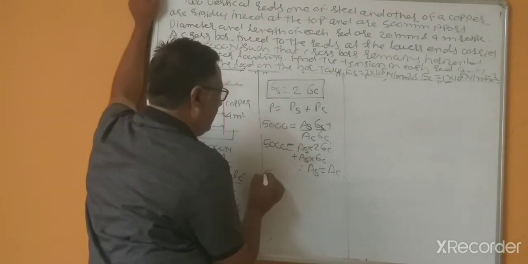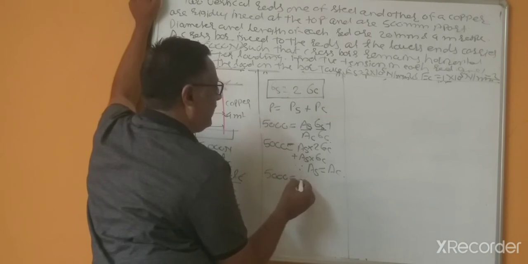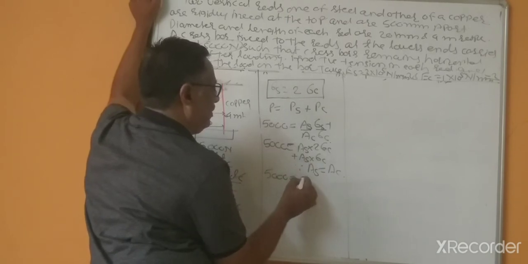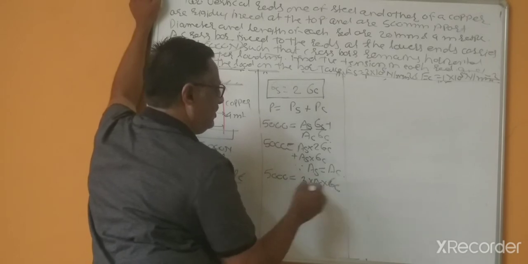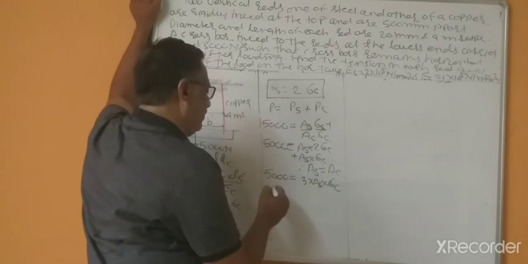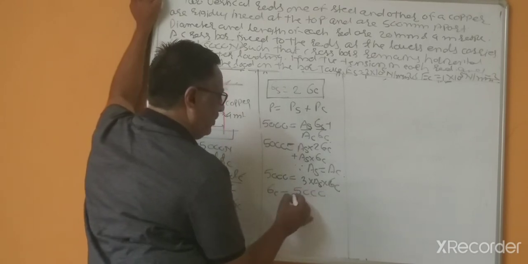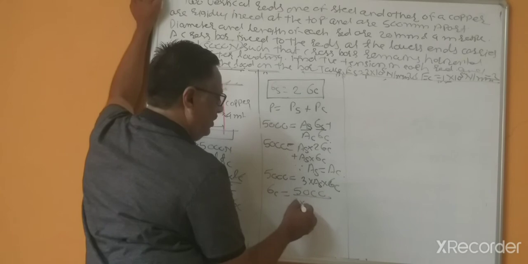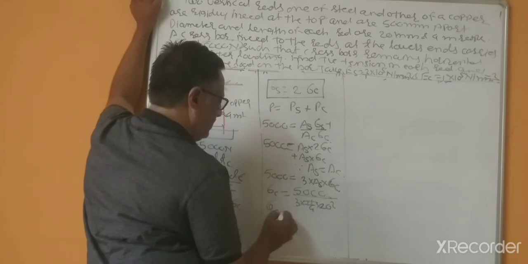So 5,000 equals 3 AS into sigma C, or sigma C equals 5,000 divided by 3 into pi by 4 into 20 squared.